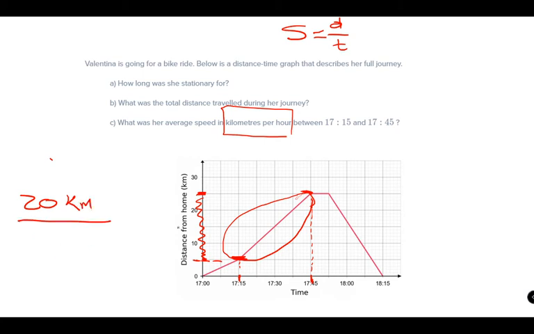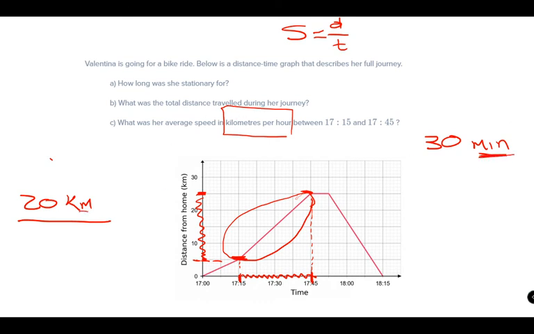divided by time. What is the time? The time is from 17:15 to 17:45. All of that is half an hour. Okay, so half an hour, 30 minutes. But remember, I am going to write it here, 30 minutes. But we want to write it in kilometers per hour.